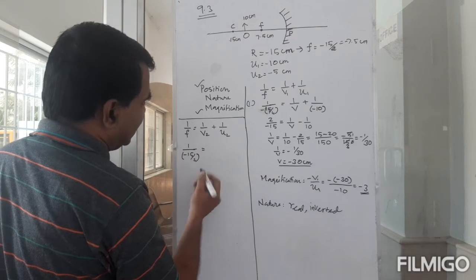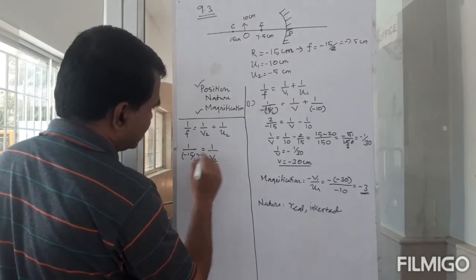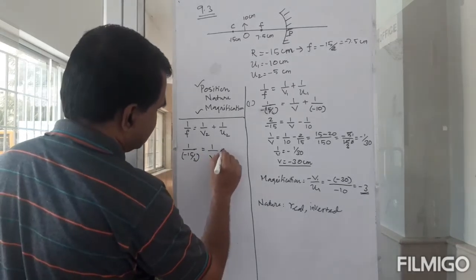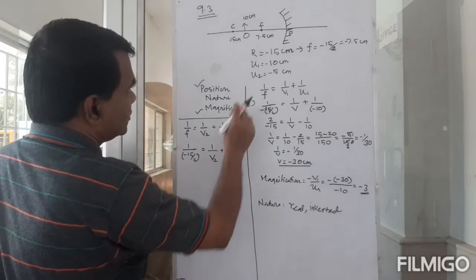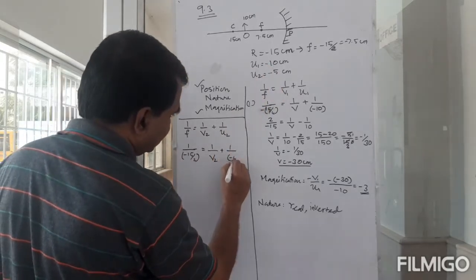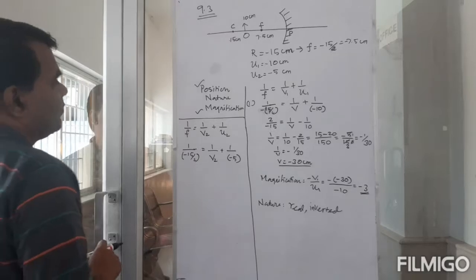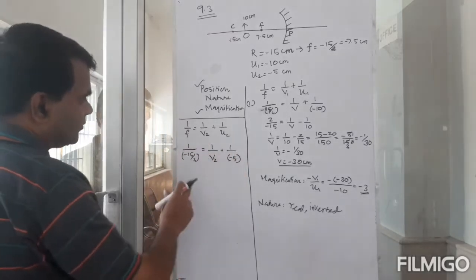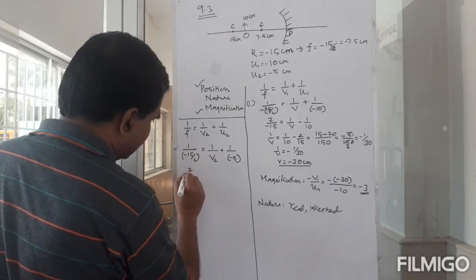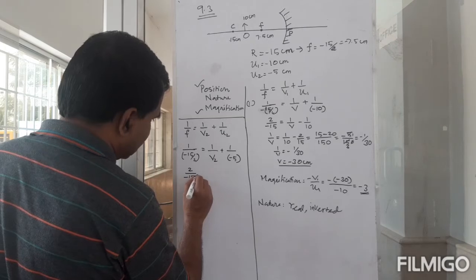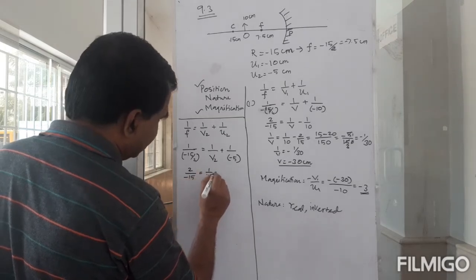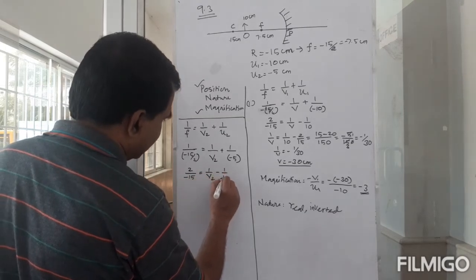And v2, I don't know. And plus 1 by u2 is minus 5. Always use a sign. Okay? And this will give me 2 by minus 15 equals 1 by v2 minus 1 by 5.